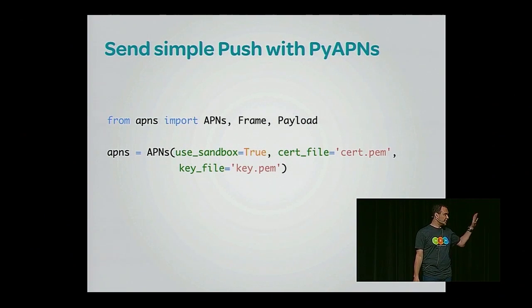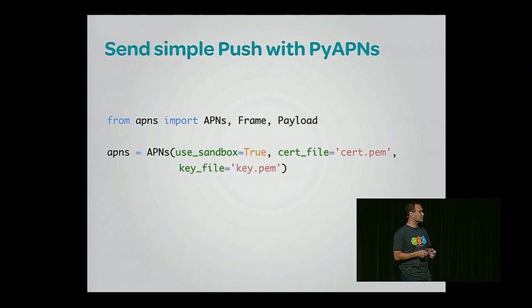So this is the actual code of how you establish your connection with the Apple server. This is again the Apple side with PyAPNS. So as you can see, it's really simple. You give it a sandbox parameter that by default is true, and what that means is it tells PyAPNS which server to address.